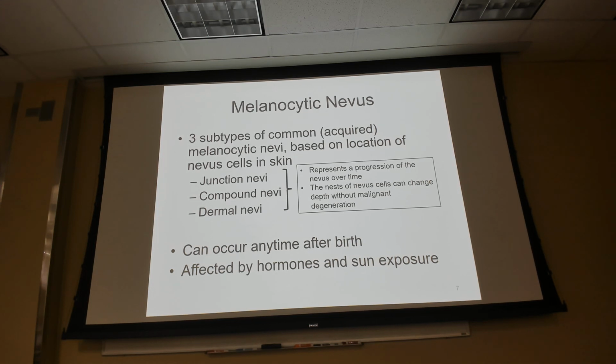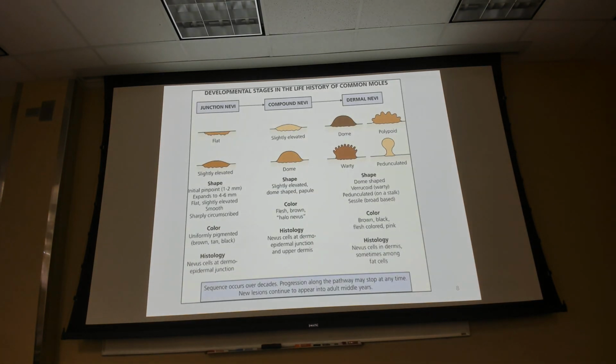We talked about the fact that some of these you would be born with, right? So an infant comes out, mom sees a Mongolian spot. What is wrong with my baby? You know, that type of stuff. So these happen anytime after birth or with birth. This is what the three types look like. So we've got the junctional, the compound, and the dermal.